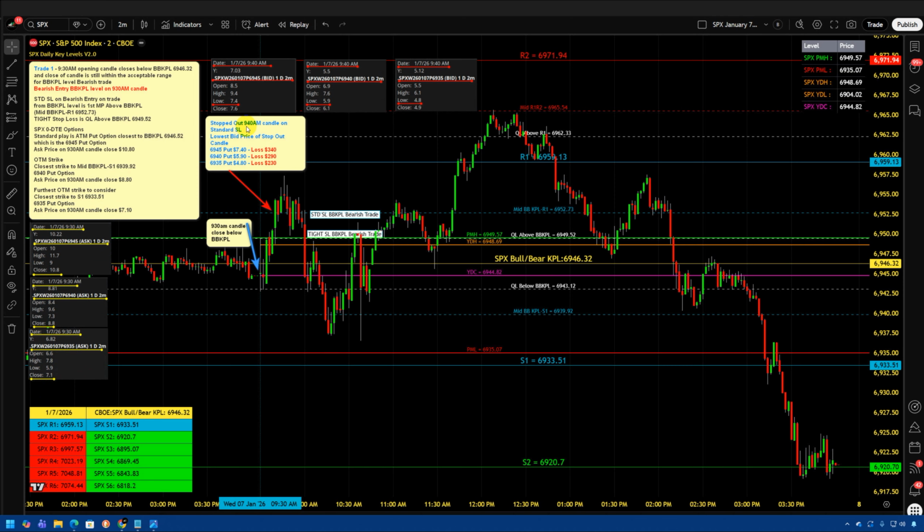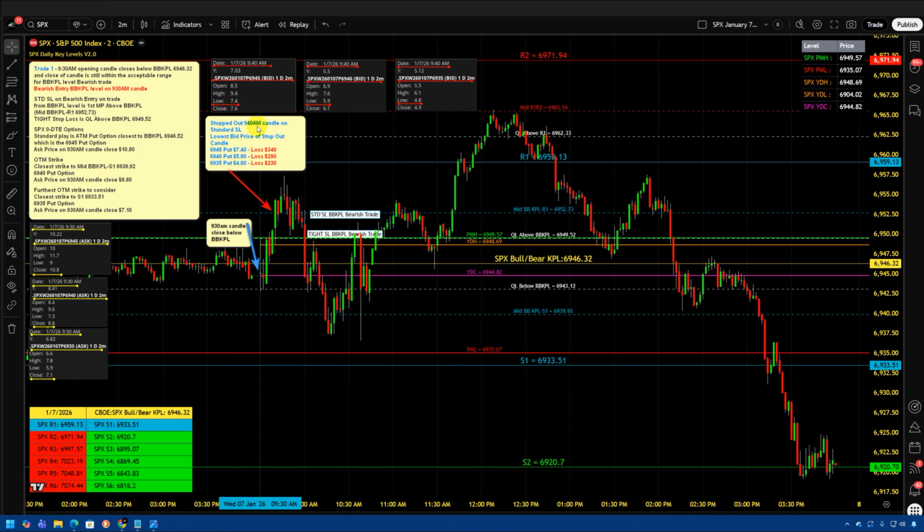Now, as you'll see here on the 9:40 a.m. candle, we were stopped out on the standard stop loss on this candle here. These prices here, these losses, are based on the lowest bid price of the stop out candle. The lowest bid price would actually be the high of this candle.